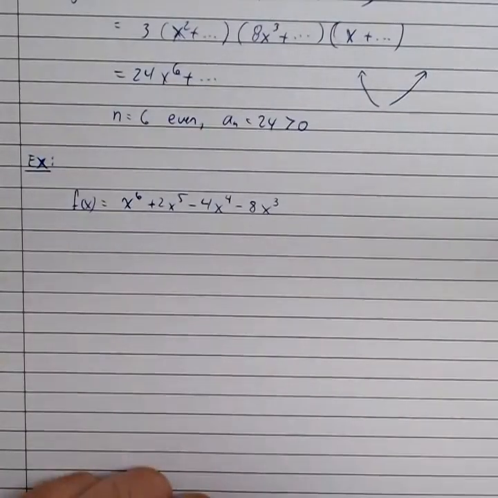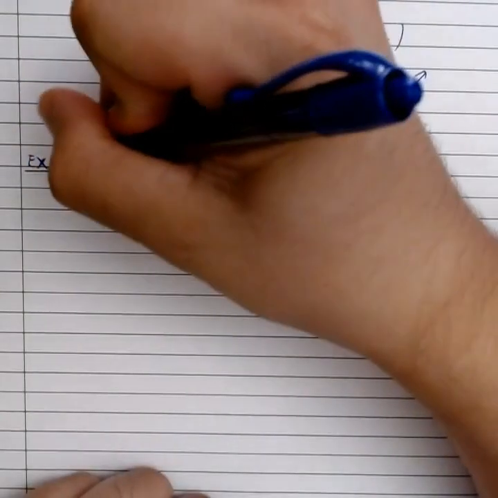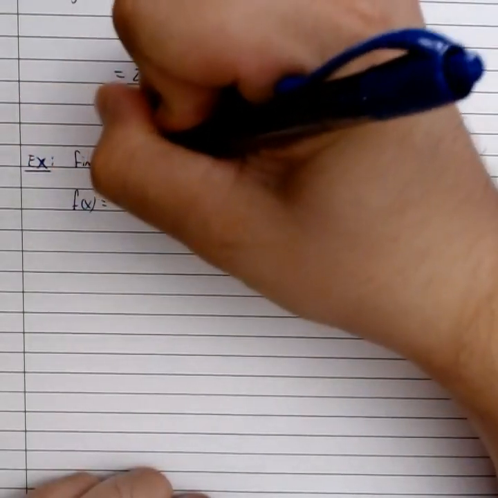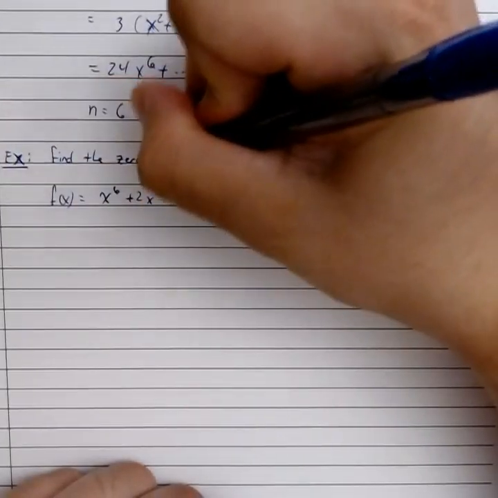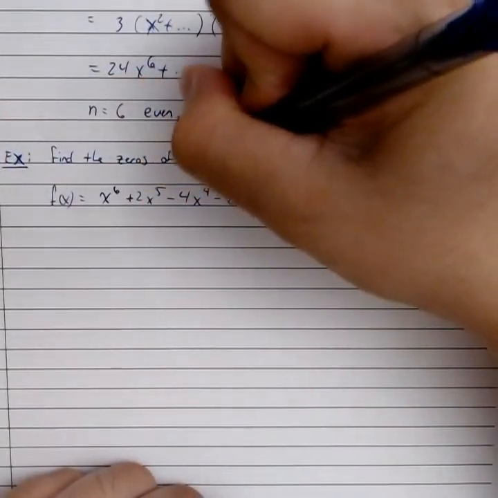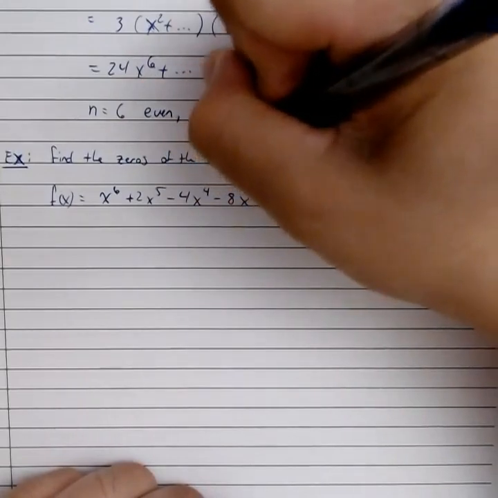Now the question is going to be: find the zeros of the function and their multiplicities.